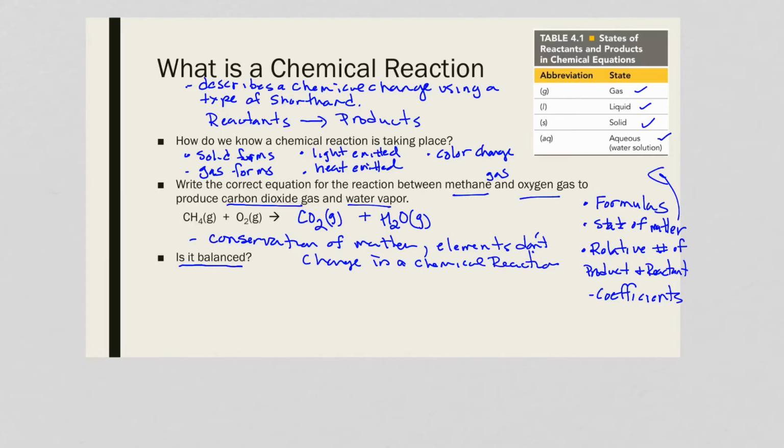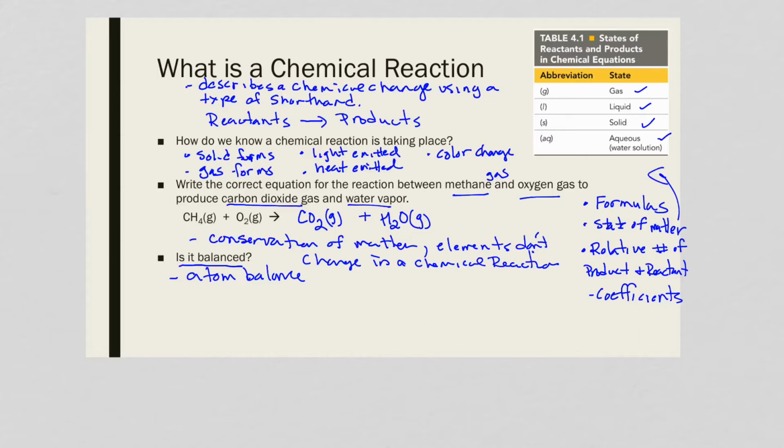And the way that we ensure that conservation of matter is maintained is that the reaction must have what we call atom balance, which simply means we have to have the same number of atoms of each element on the reactant side as we do on the product side. So if we start with 2 carbons, we have to end up with 2 carbons on the product side, etc.